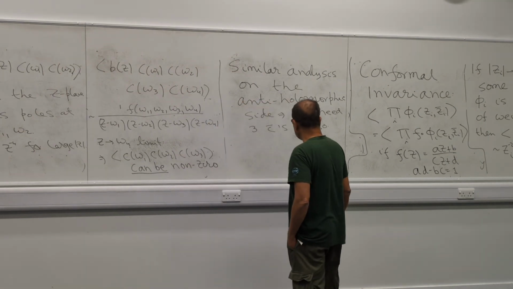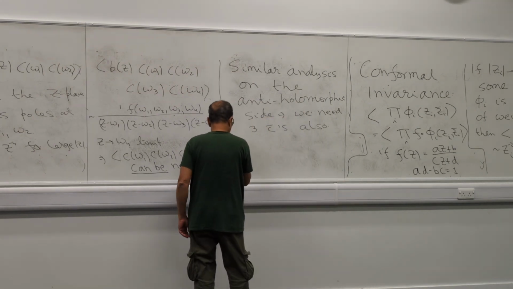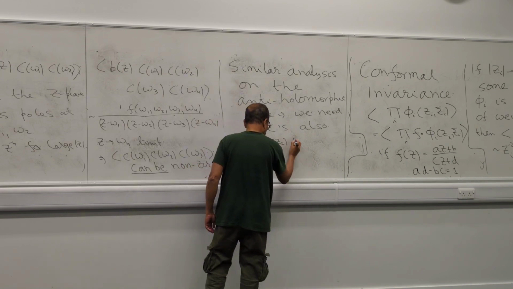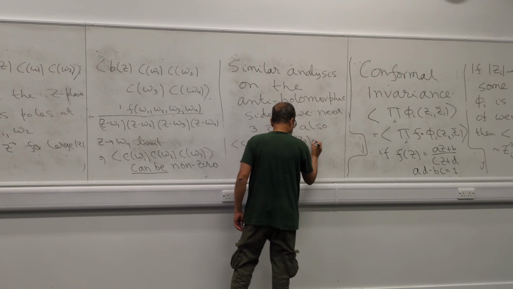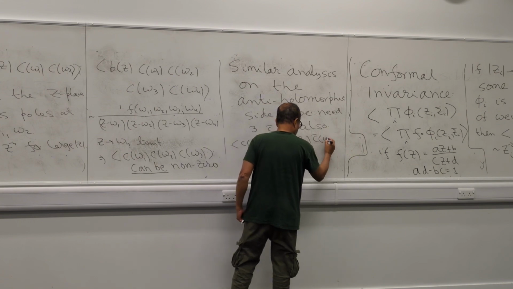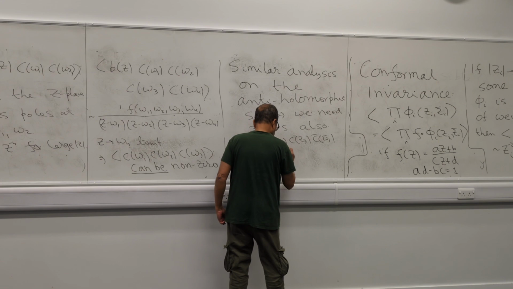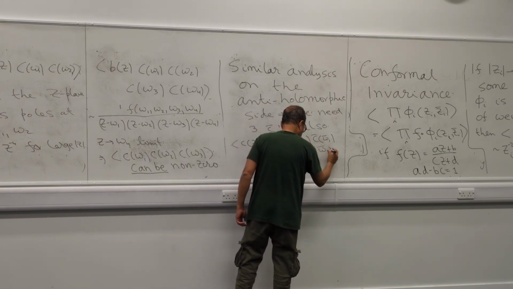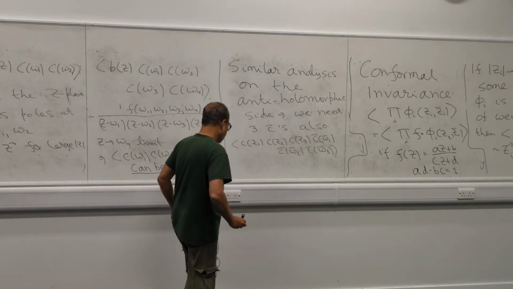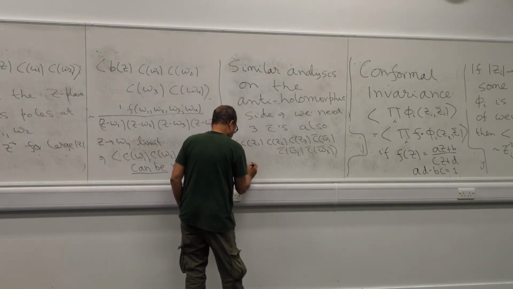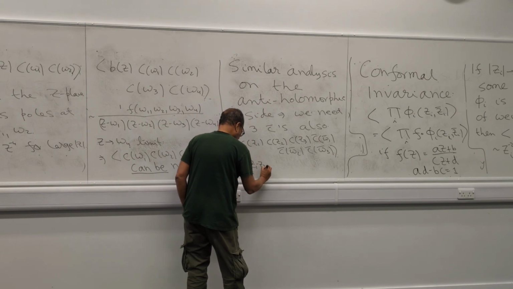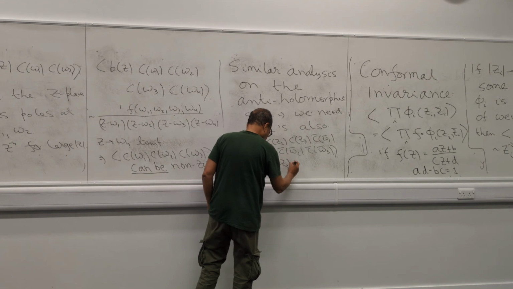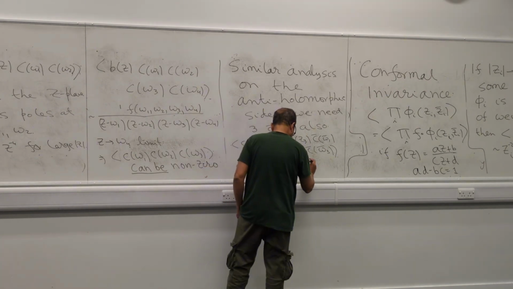So what is non-zero is this one: c of z1, c of z2, c of z3, c bar of w1 bar, c bar of w2 bar, c bar of w3 bar. This is non-zero, and this is proportional to z1 minus z2, z2 minus z3, z1 minus z3.